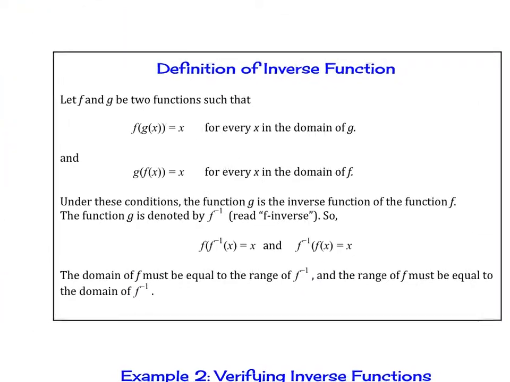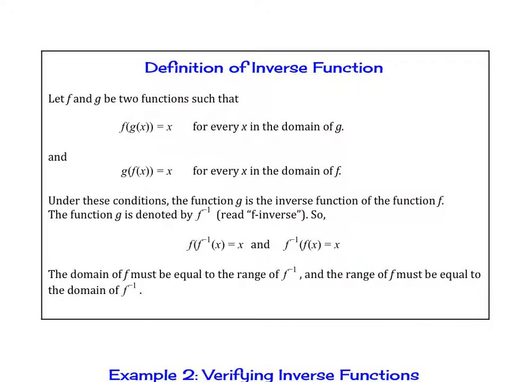So the definition of inverse functions: let f and g be two functions such that f of g of x equals x for every x in the domain of g, and g of f of x equals x for every x in the domain of f. Under these conditions, the function g is the inverse function of the function f.